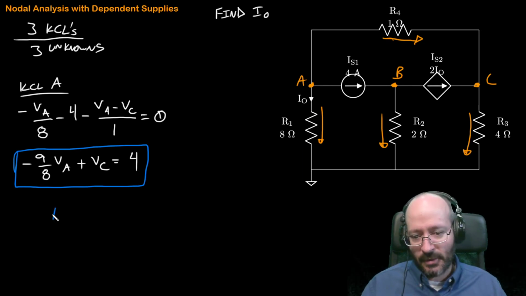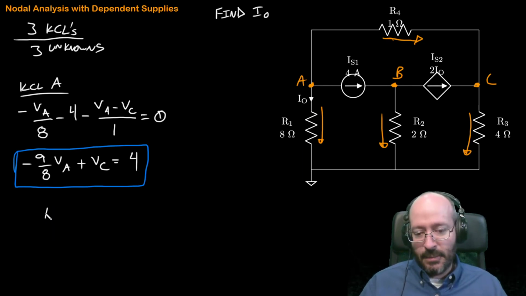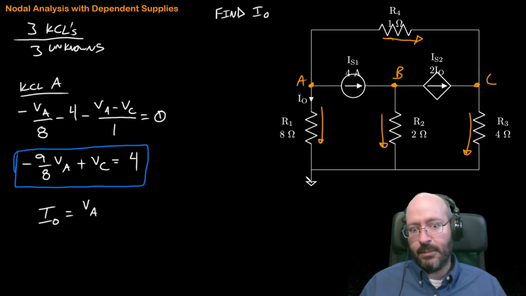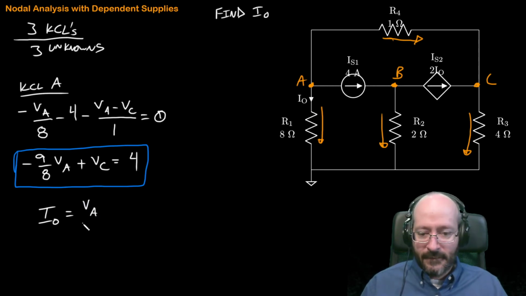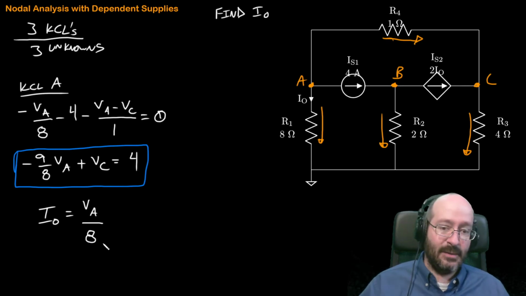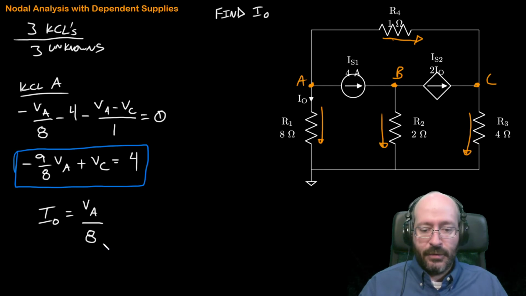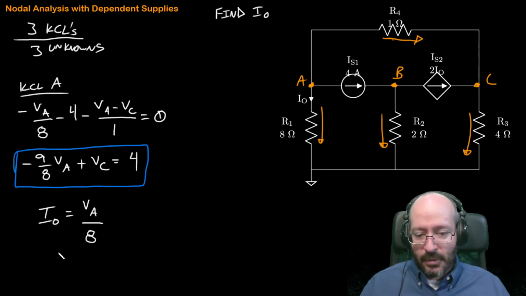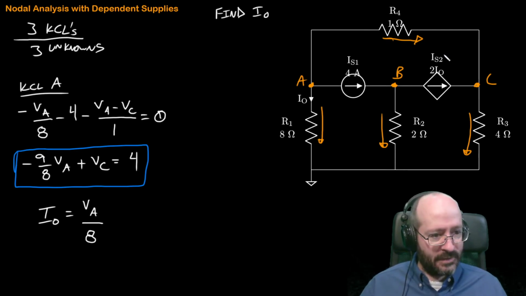So our control variable, also our output, is going to be I out, okay, and it's labeled there, and the voltage at the tail is VA, and the voltage at the tip is 0, so we've already used this current, right? And we're going to divide by the resistance to make it a current. Okay, so if that's a current, I'm going to make sure I have a voltage over a resistance, and that's going to give me the correct unit. Volts over ohms is amps. Okay, so that's important because we're going to substitute that. And we're going to substitute that in when we write these 2 equations.